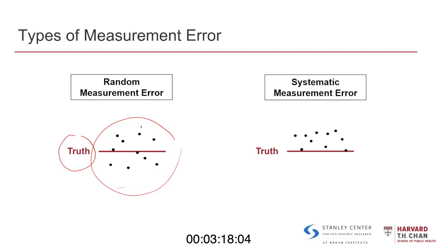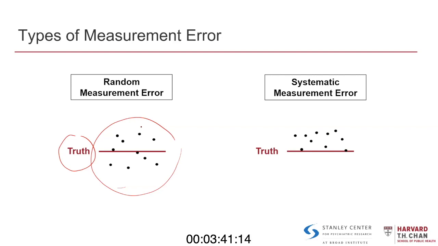Factors that minimize random error include having a larger sample size or repeated measurements. For example, if you're measuring height or weight, we tend to measure 3 times. Having multiple measurements would provide a way of minimizing the random error.